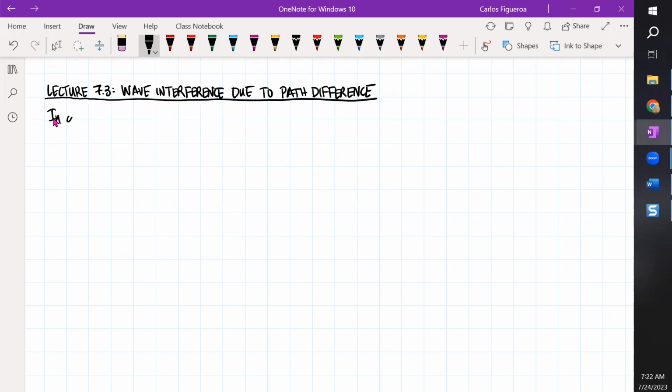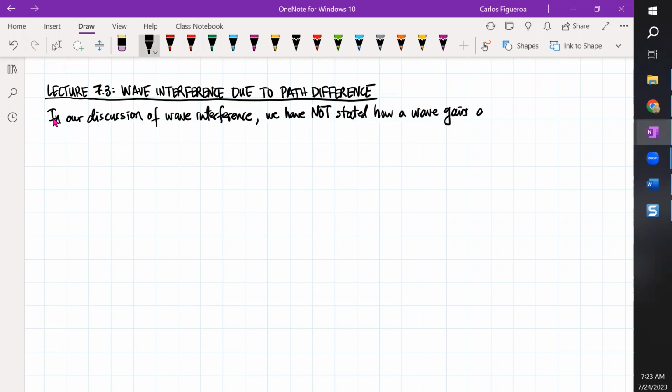In our discussion so far of wave interference, we have not stated how a wave gains a phase.